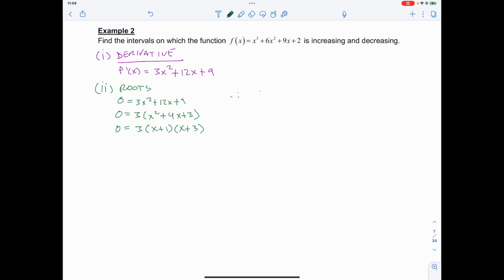Therefore, the roots are x is equal to negative 1 and x is equal to negative 3.